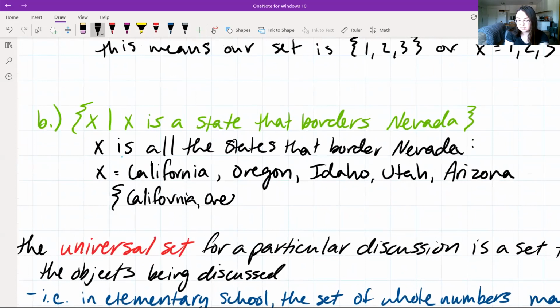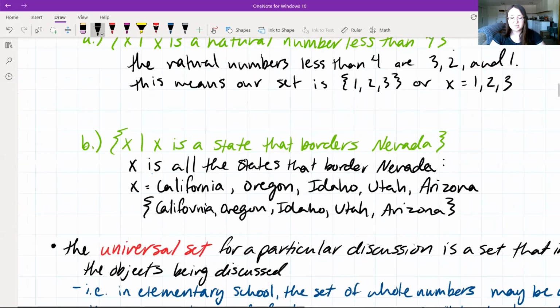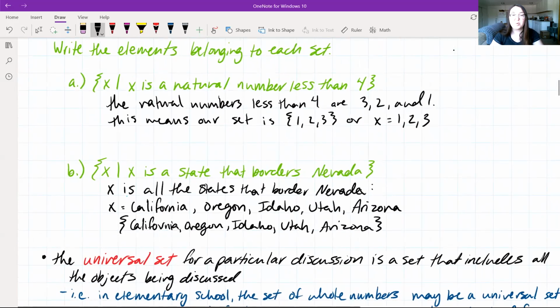So if we wrote the set in regular set notation, this would be California, Oregon, Idaho, Utah, and Arizona. And you see it's a comma separated list written inside curly brackets. So that would be our set where X is a state that borders Nevada. So it's all the states that border Nevada.